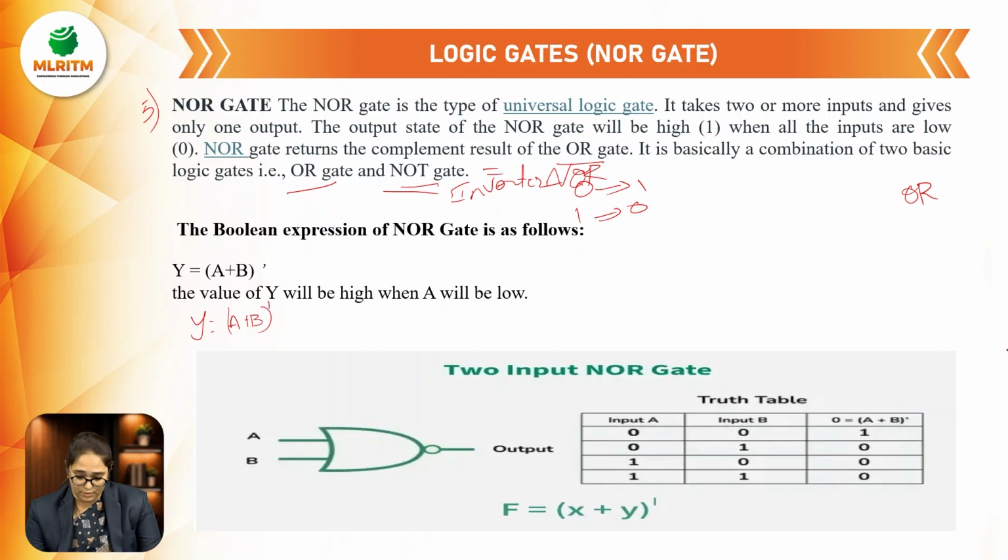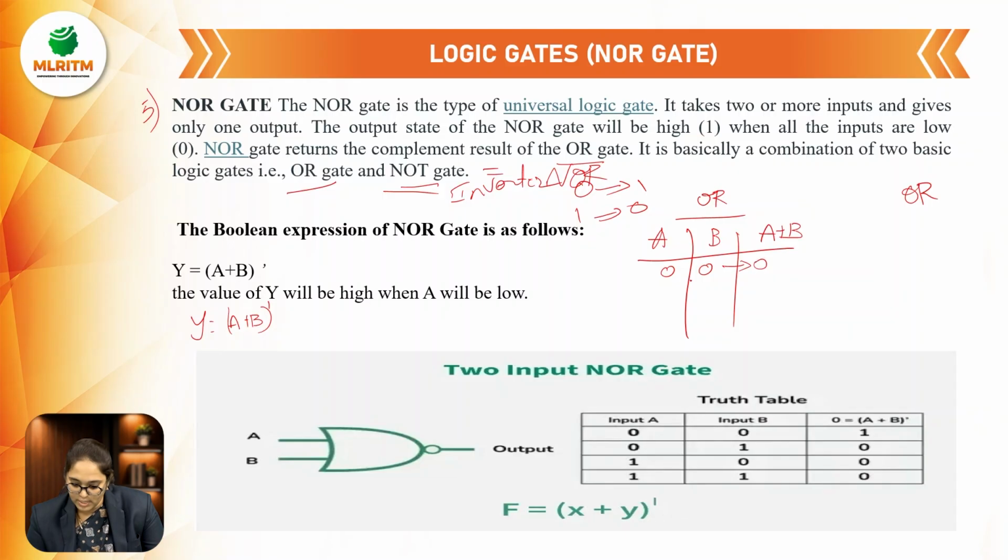First, let us write what an OR gate is. There are two input values A and B, and OR performs mathematical addition. If 0 0, the result is 0. If any one of the inputs is 1, then the result is 1: 1 0 gives 1, and 1 1 gives 1.